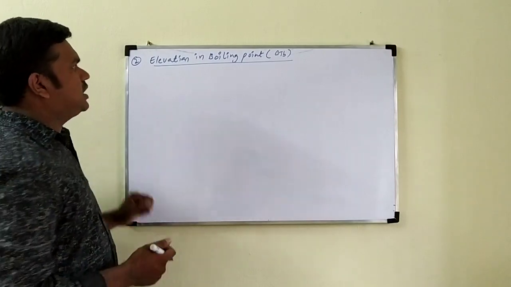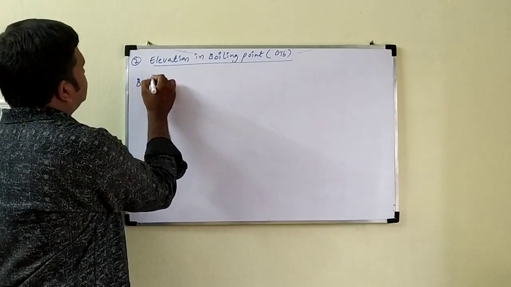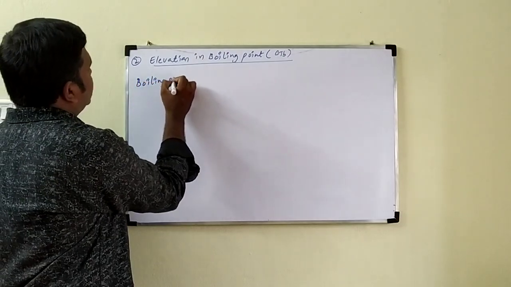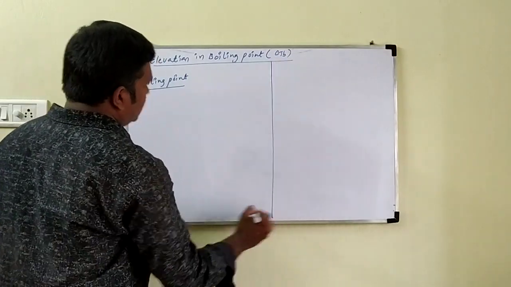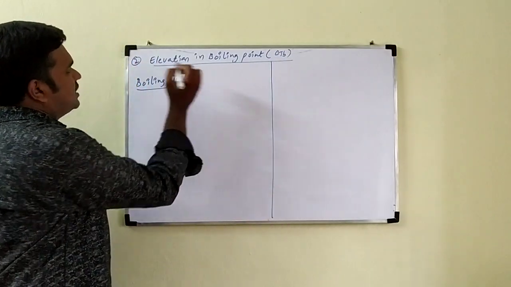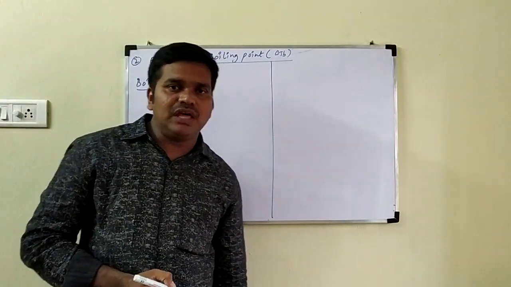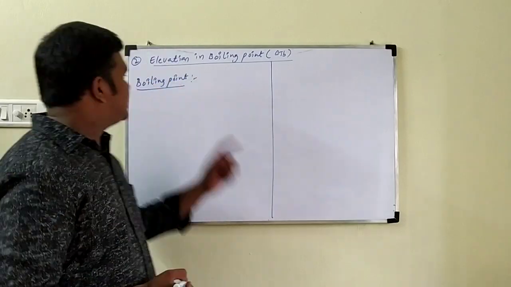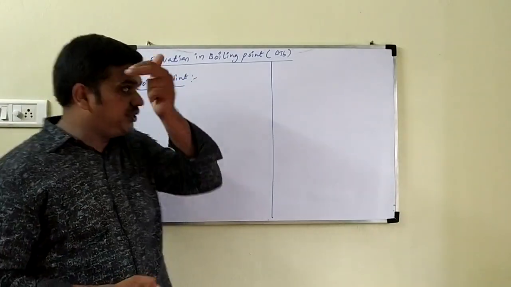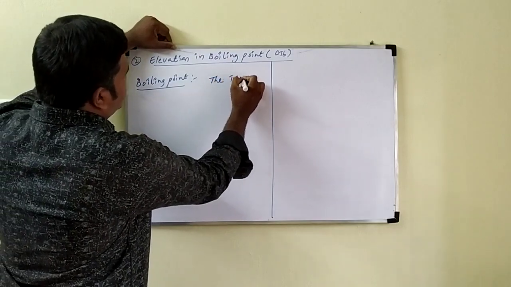So generally we have to first know what a boiling point is. What is boiling point? The temperature at which the vapor pressure of the liquid becomes equal to atmospheric pressure is called the boiling point.